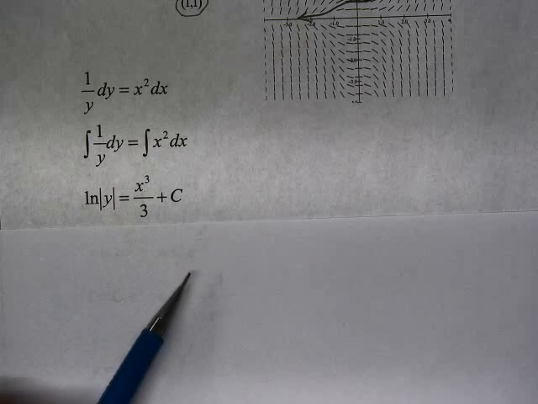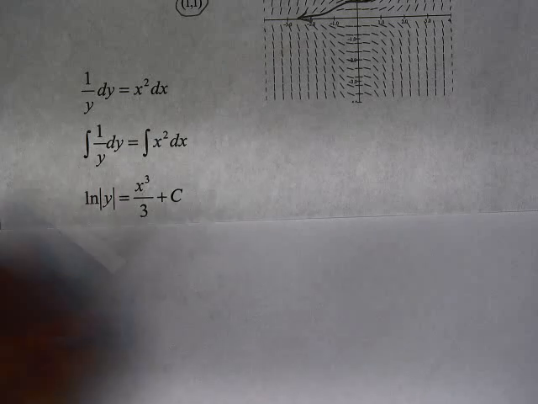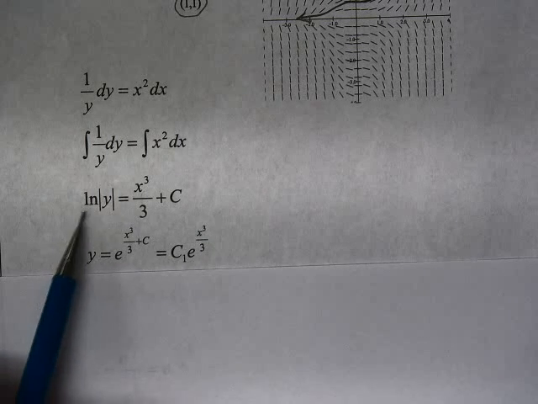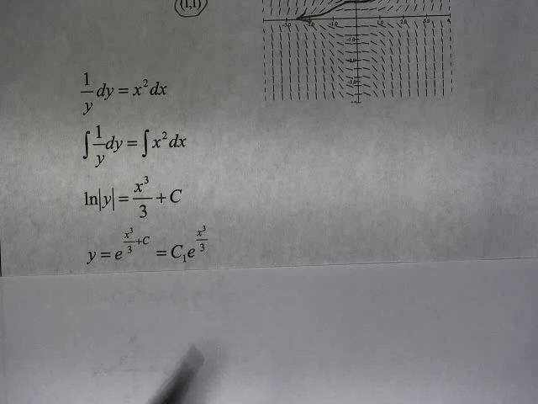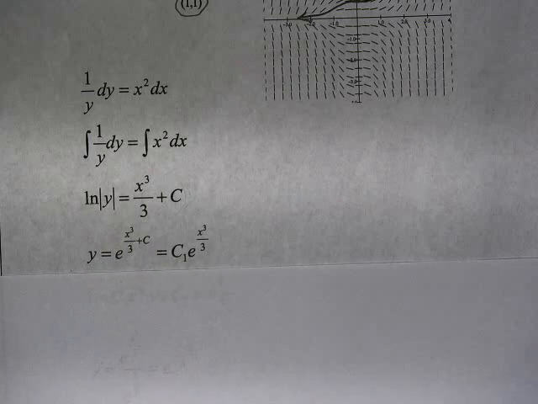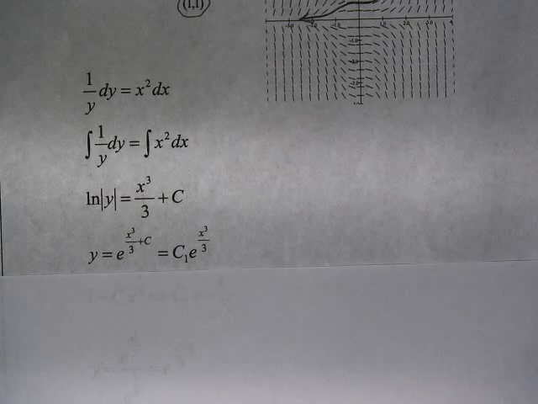From here I want to solve for y. I have the natural log of y, so I'm going to exponentiate both sides. When I do e to the ln of y, I just get y. On this side, I get e to the x cubed over 3 plus c.